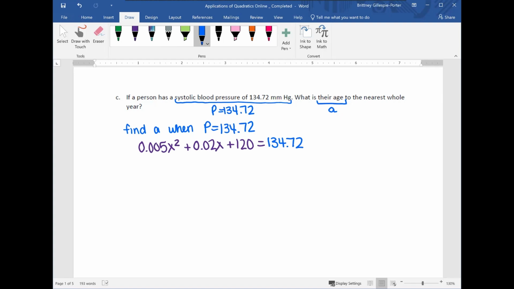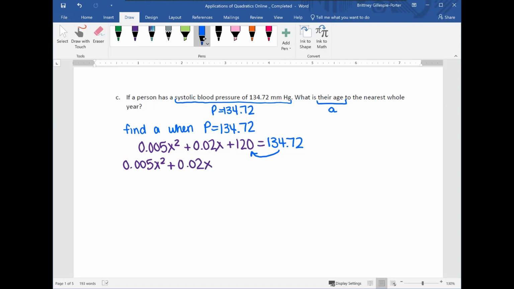We have a quadratic equation, and we can use the quadratic formula. But to do that, we need to move that 134.72 over. So our 0.005 x squared plus 0.02x is going to stay where it is.